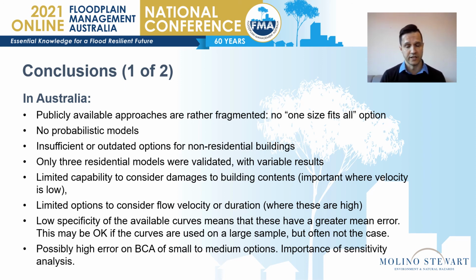I've seen options that would provide benefits only to 3 or 4 buildings in some cases. So in these particular cases, we are possibly dealing with quite a significant error on the benefit to cost analysis, which reinforces the importance of undertaking sensitivity analysis.